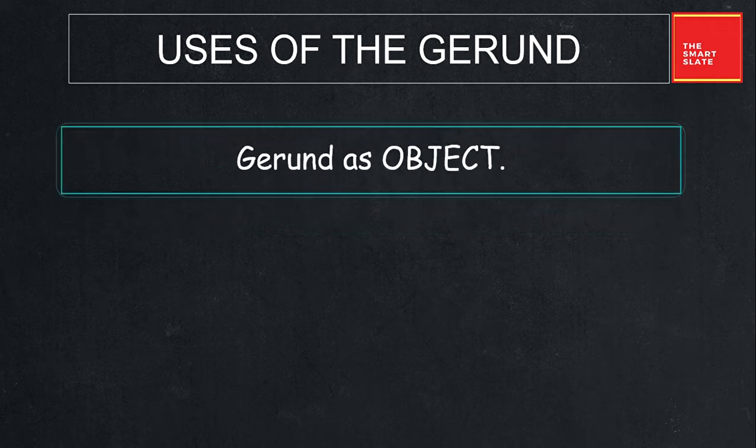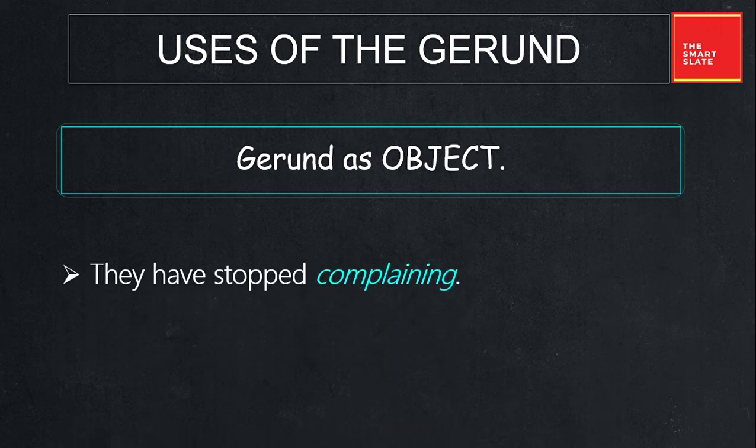Next case is gerund as object. Now if the gerund is at the end of a sentence, that means when it is on the predicate side, it is acting as the object. So, they have stopped complaining. Now if you notice, complaining is in the predicate here. It comes after the verb.